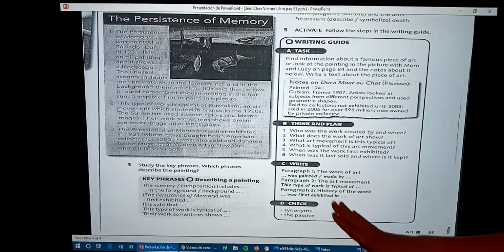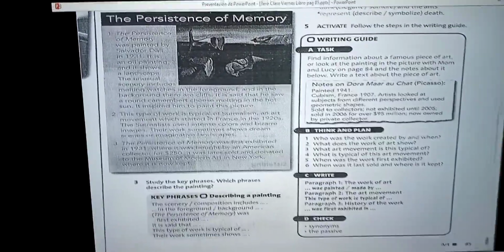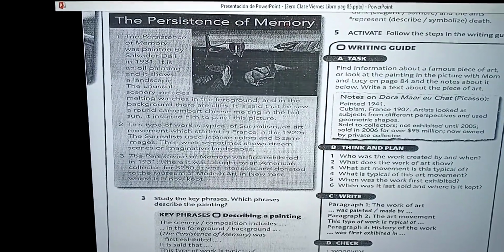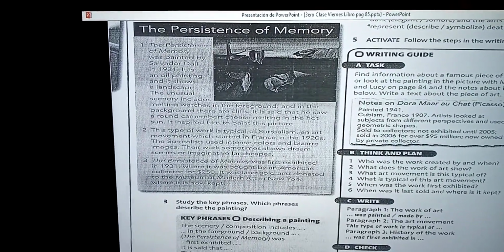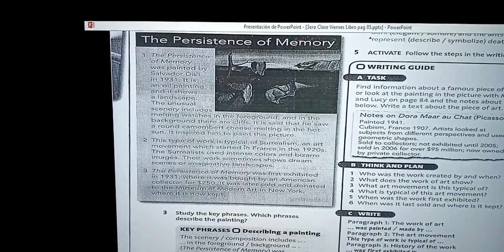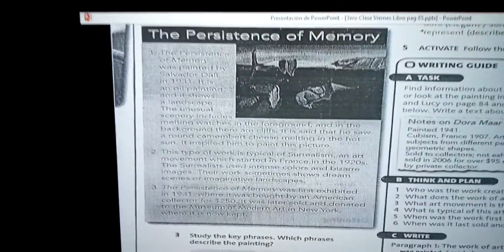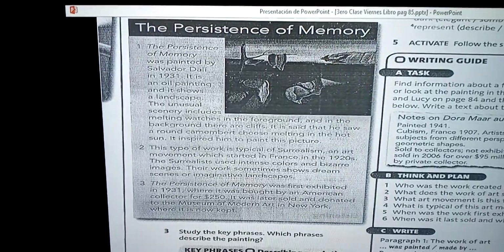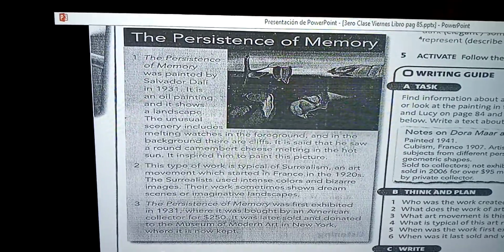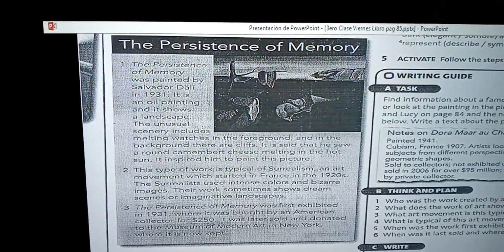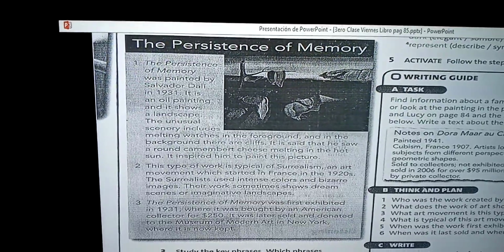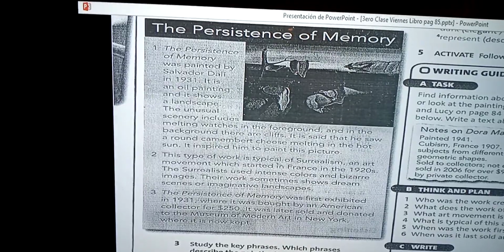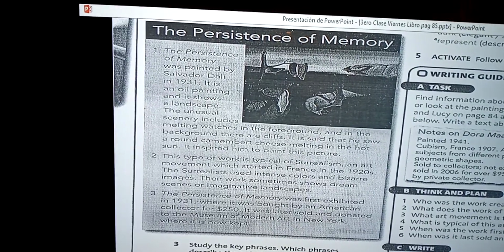Okay. The Persistence of Memory. Let's see The Persistence of Memory. Number 1, The Persistence of Memory was painted by Salvador Dali in 1931. It is an oil painting, and it shows a landscape with unusual scenery.